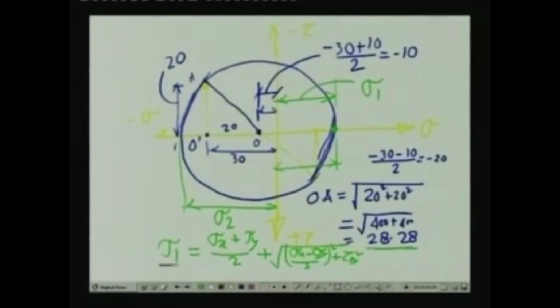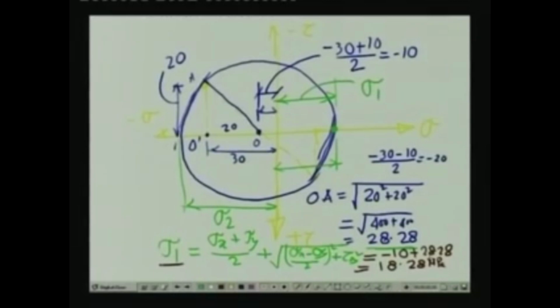So, the value of sigma 1 is equal to sigma x plus sigma y by 2, which is minus 10, plus 28.28. So, this is equal to minus 10 plus 28.28. So, the stress is equal to 18.28 MPa. This is the maximum principal stress.